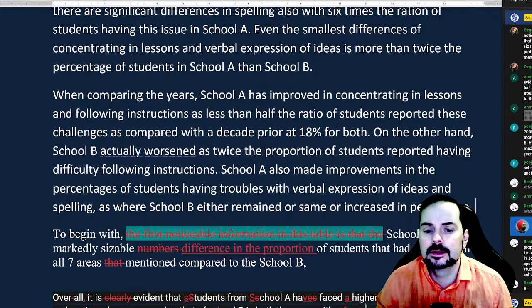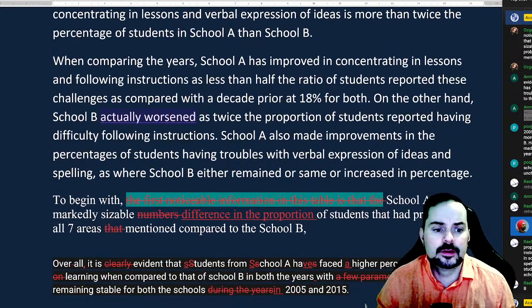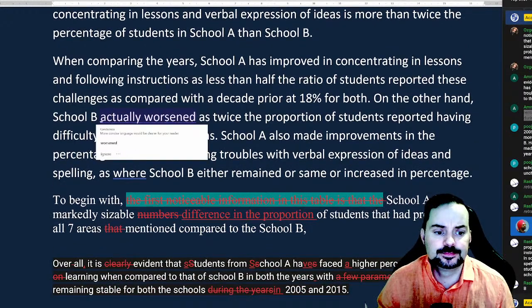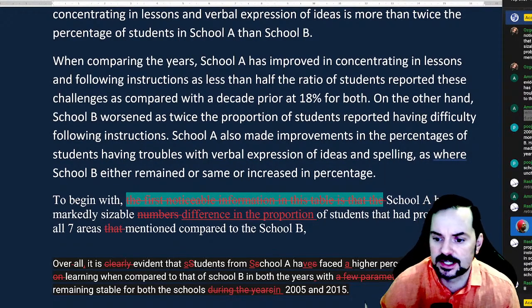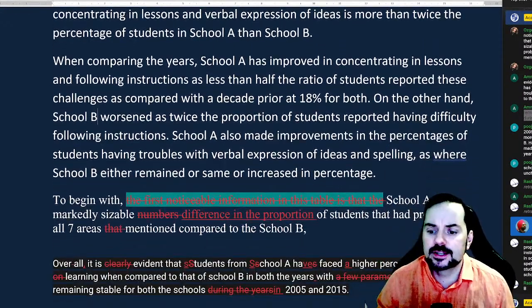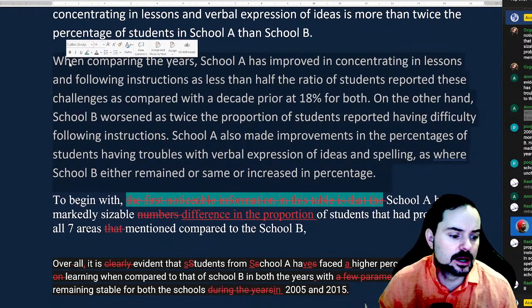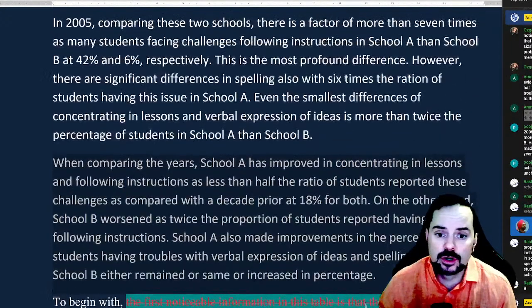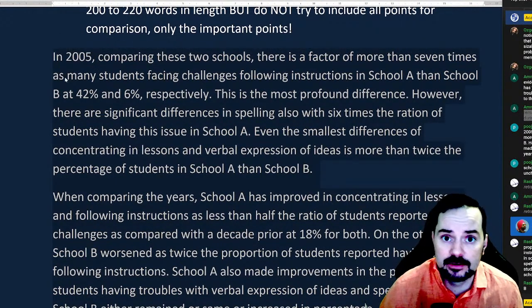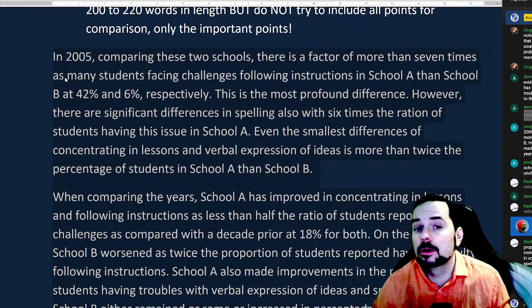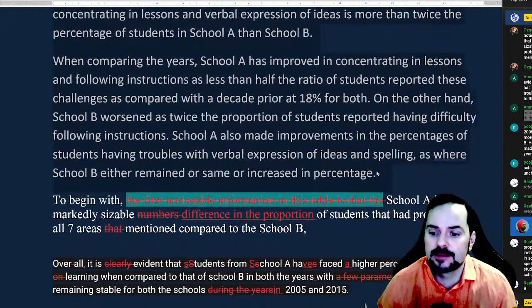Okay. All right. We want to be concise. Okay, so now I have another 85 words. So just in my body paragraphs here, I already have 150 words without looking at all of that data or all of that information, right?